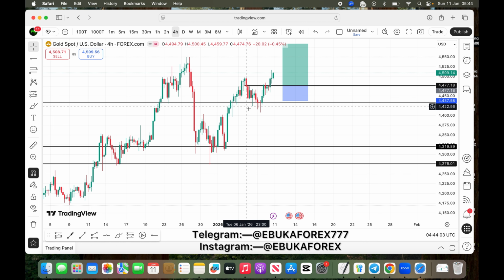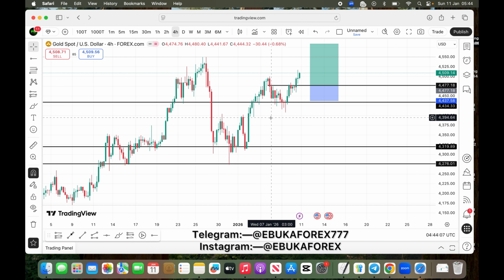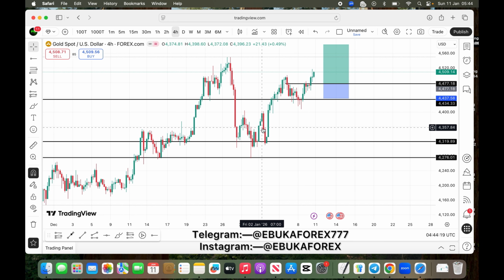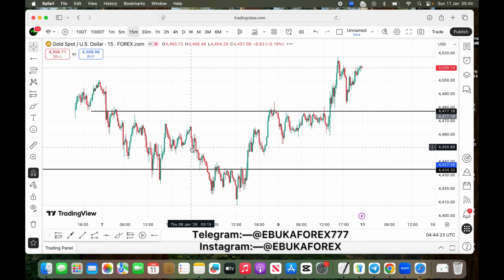So most times you see all these structures. If you go down to the 15 minutes time frame, you see the same thing. So it's all about the market structure, not chart patterns. Once you understand this concept, the whole thing will be easier for you.